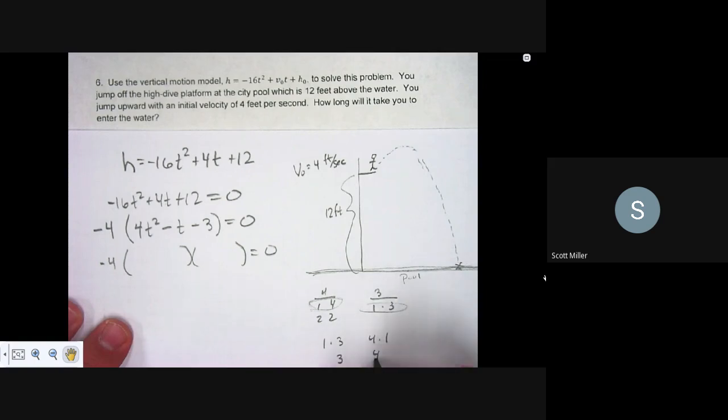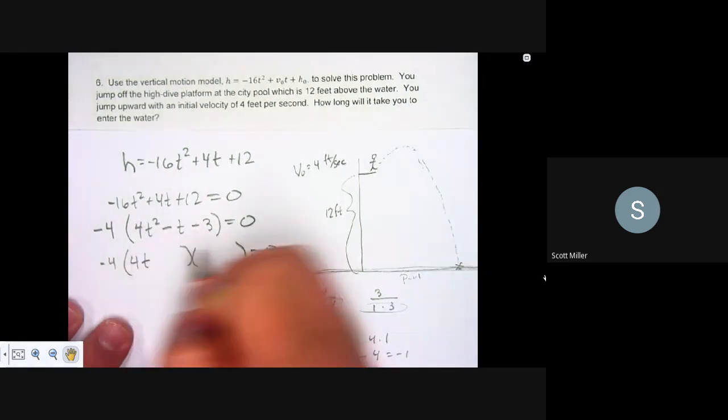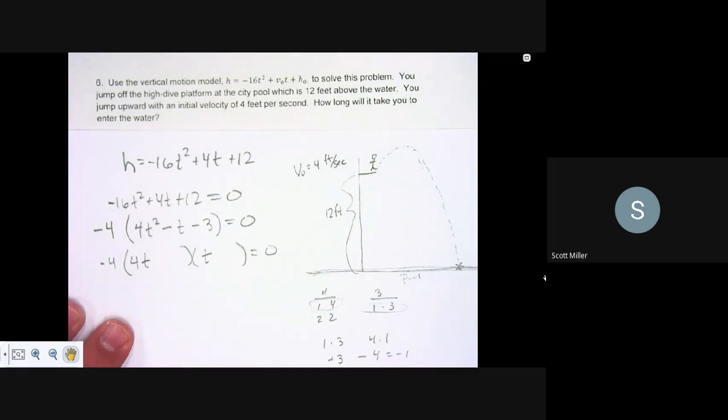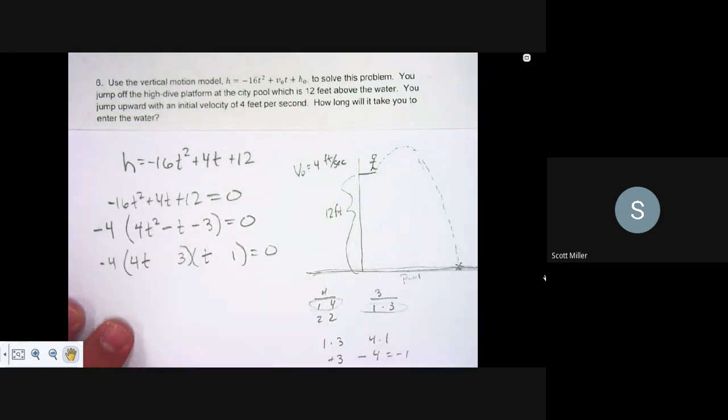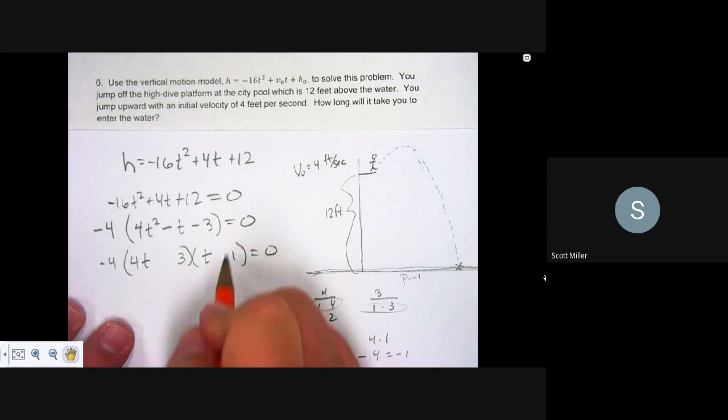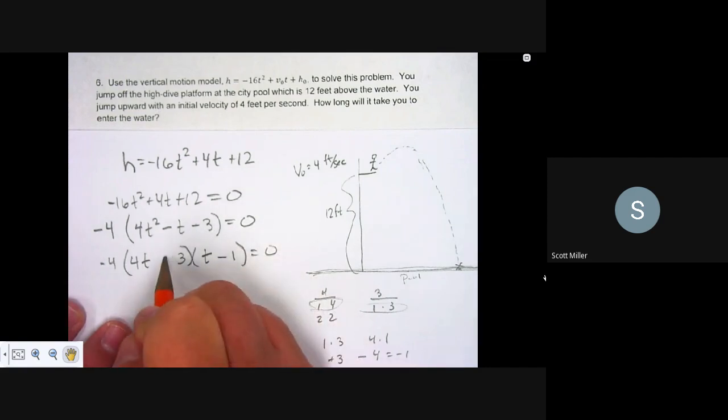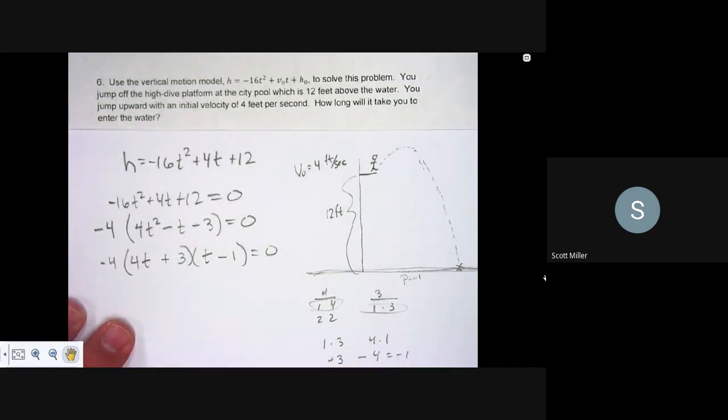There's the 3 and the 4. They need to subtract and give me negative. So that's how that's going to work. So 4t here, 1t here. The 4 has to multiply to the 1, and this multiplies to the 3. I want the 4 to be negative, the 3 to be positive. And so there's my factoring.